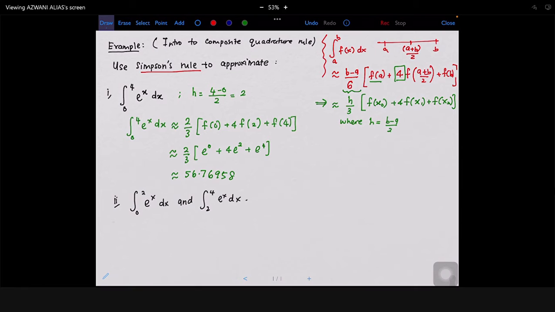Okay, then kita tahu kan the identity ataupun the behavior of the integration, the characteristic dia kalaulah 0 to 4 e^x dx, kalau kita pecahkan kita akan dapat is the same like here. Setuju tak? Sebab dia continuous kan? Setuju tak?